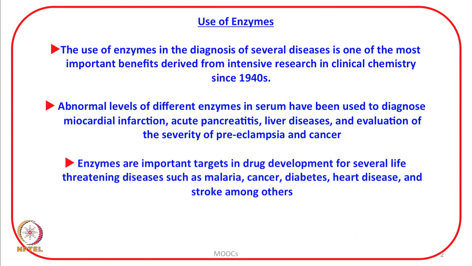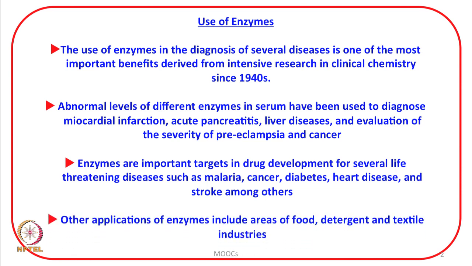Enzymes are also important targets in drug development for several life-threatening diseases such as malaria, cancer, diabetes, heart disease, and stroke, among many others. Enzymes are also very important in the areas of food, detergent, and textile industries.